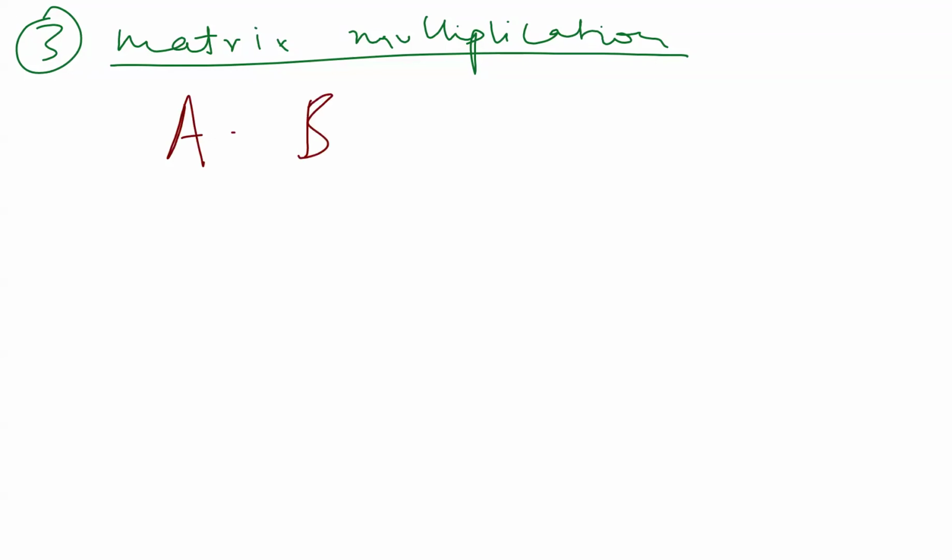If there are two matrices A and B, we cannot really multiply anyhow. That is point number one. Scalar multiplication was pretty simple. Multiply a number with a matrix, that was absolutely simple. But when we multiply two different matrices, the complications will start.